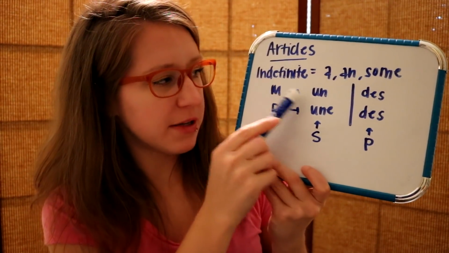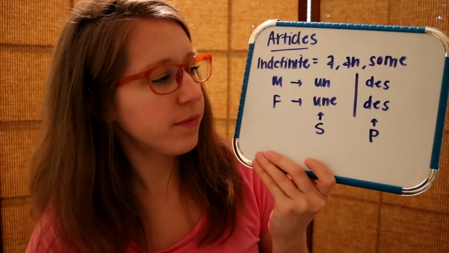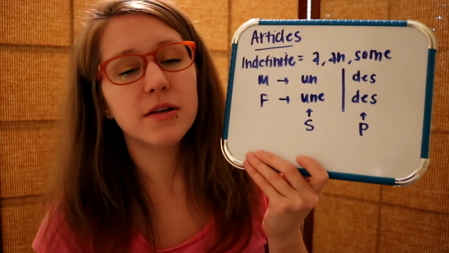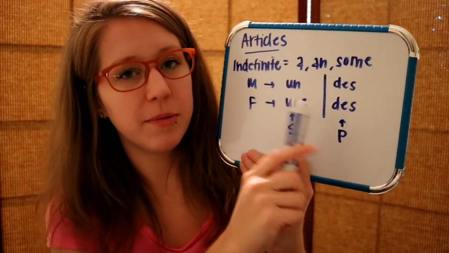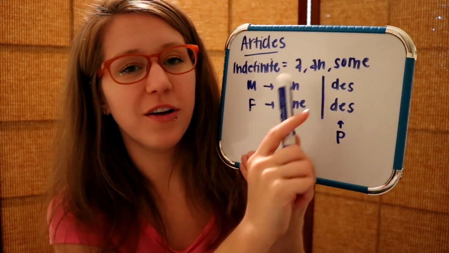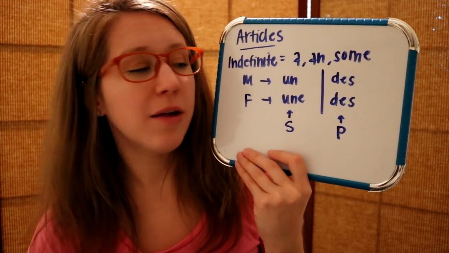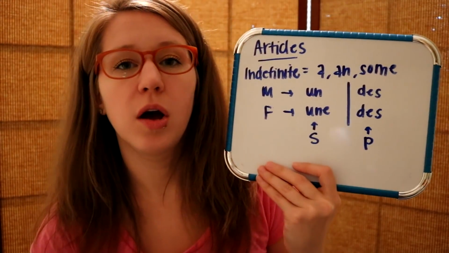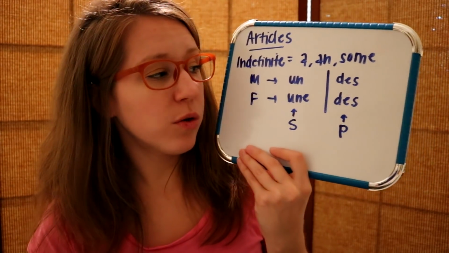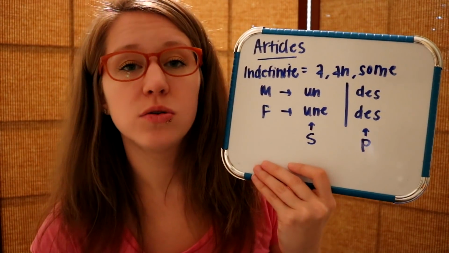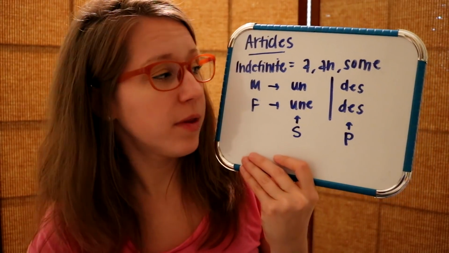So singular masculine is un. Singular feminine is une. Plural feminine and masculine plural are the same, which is des. And remember, this is like our word D-A-Y, day. If there was no S, it would be de, but since there is an S, it becomes des.